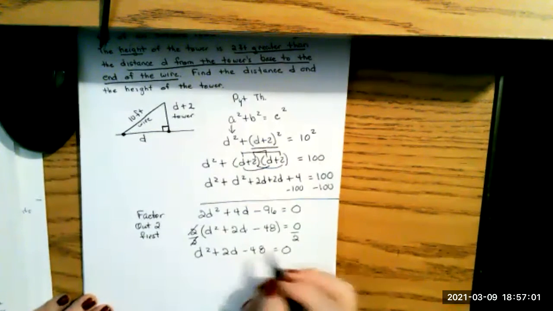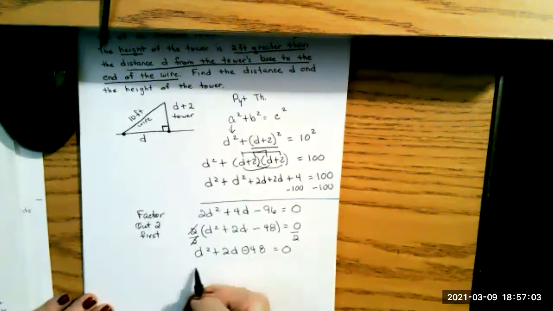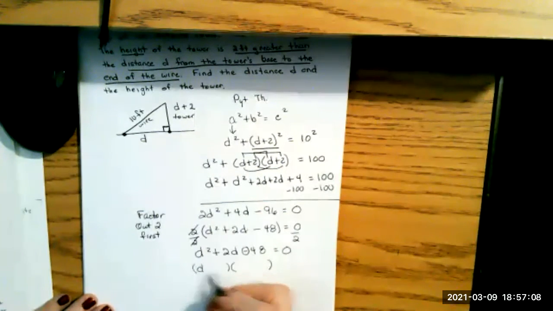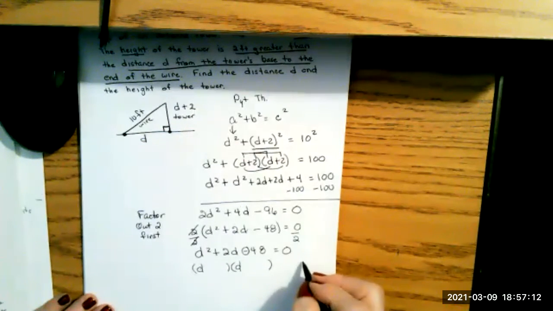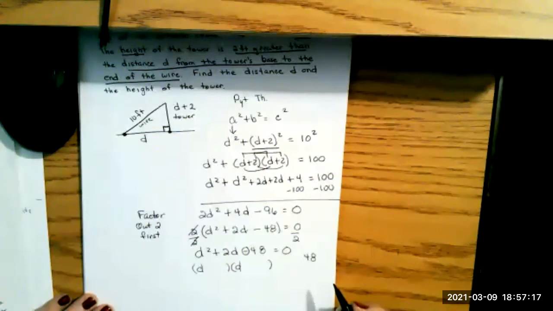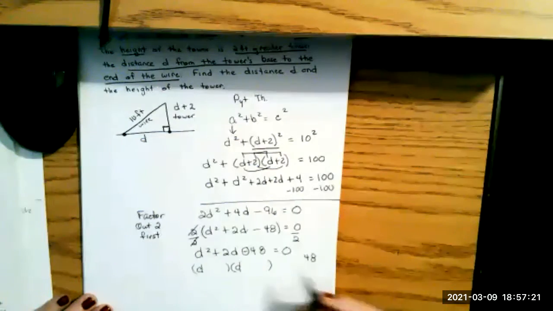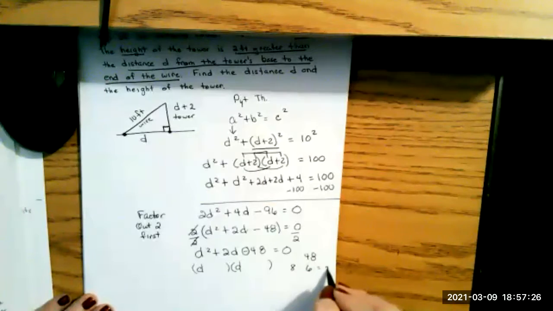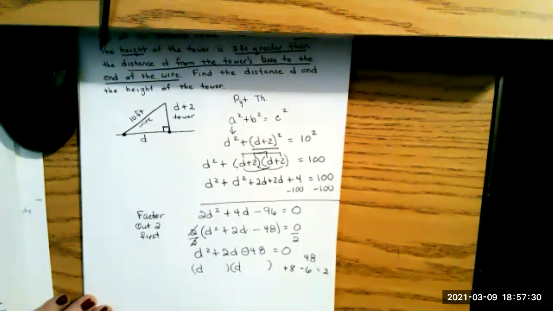Okay, I'm ready to factor. I must subtract factors of 48 to get 2. Does anyone have an idea what that might be? 48, I need to figure out what I would multiply so that when I subtract, I get 2. 6 and 8. And I want my 2 to be positive. So that means my 8 needs to be positive and my 6 needs to be negative to get a positive 2.